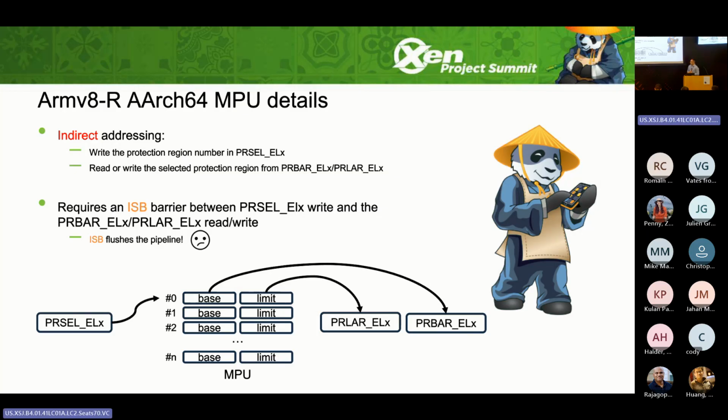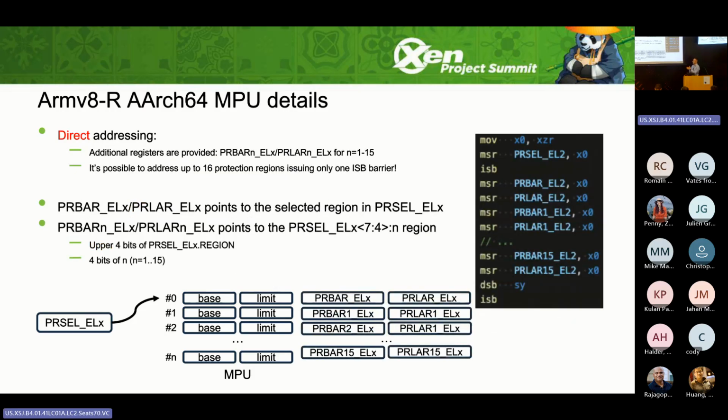How can we address that? As I said, the architecture provides another way to do that, the direct addressing. So additional registers are provided, and we have these PRBARn, PRLARn, with n that goes from 1 to 15. And with this, we are now able to address up to 16 protection regions, issuing only one barrier, as I did in this quick example.